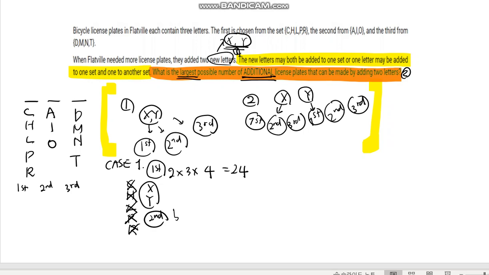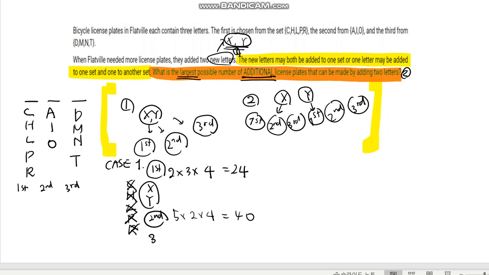And for the second, XY should choose the second place. Then it should be 5 times 2 times 4, which is 40, right? Because XY should replace AIO, I mean, AIO cannot be used anymore. Does it make sense?